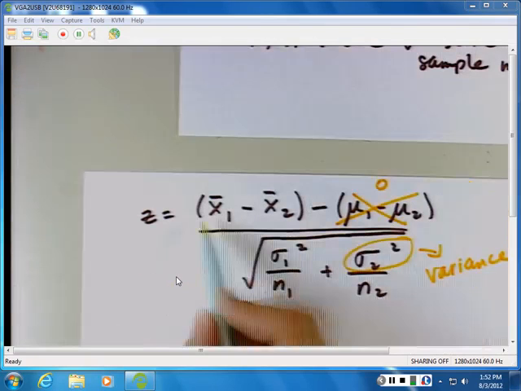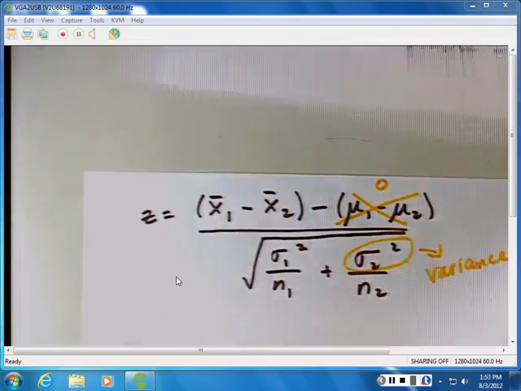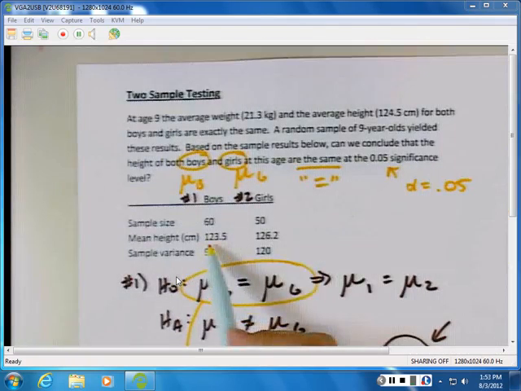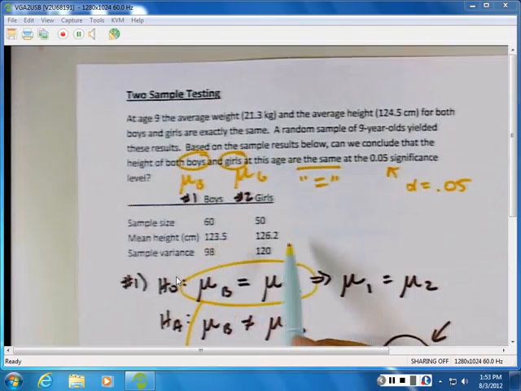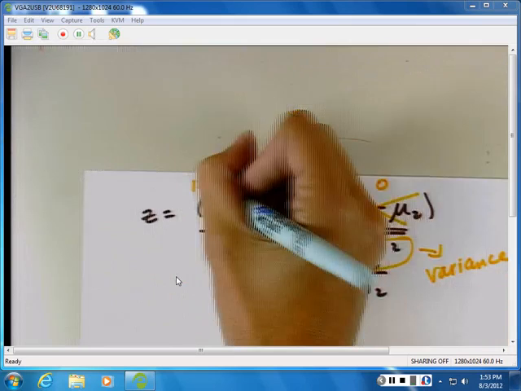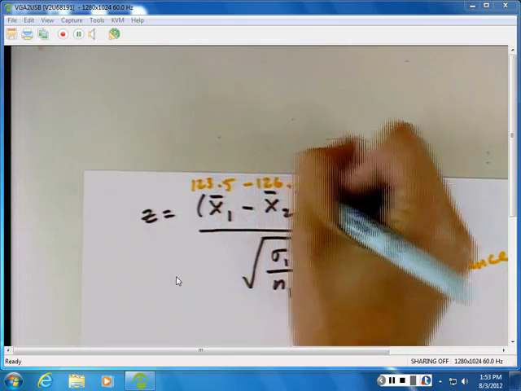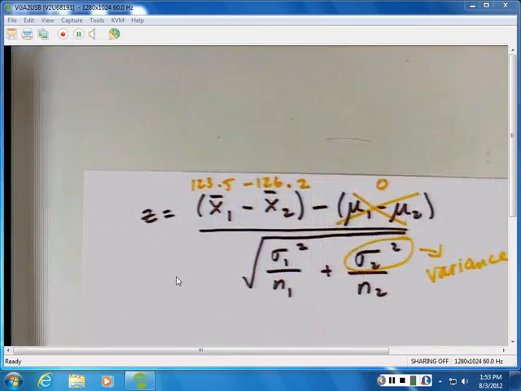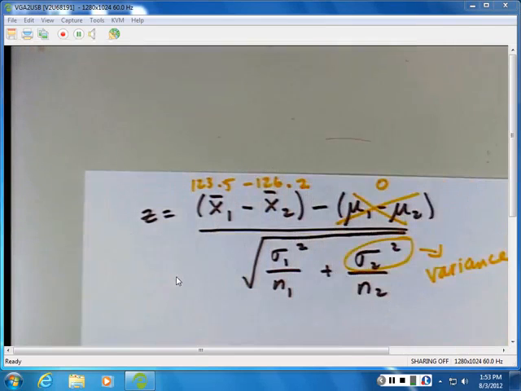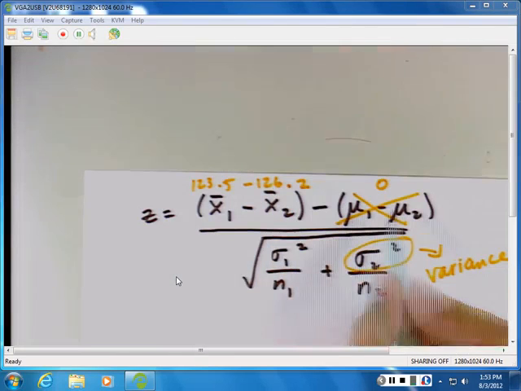To get to x bar 1 and x bar 2, that's going to be the sample mean for the boys and for the girls. So I replace those values with these. So that's going to be 123.5 minus 126.2. And for my denominator, let me rewrite this whole thing now. This will always be 0, so that will always go away.